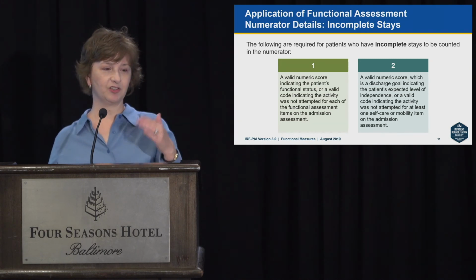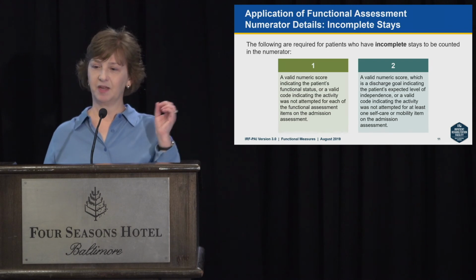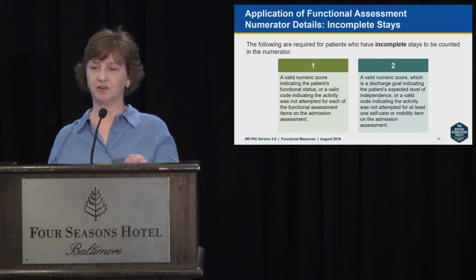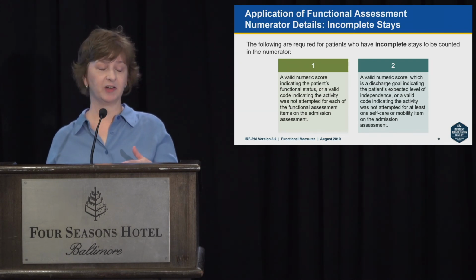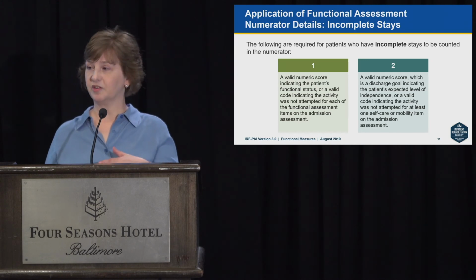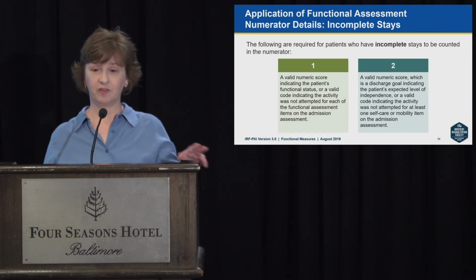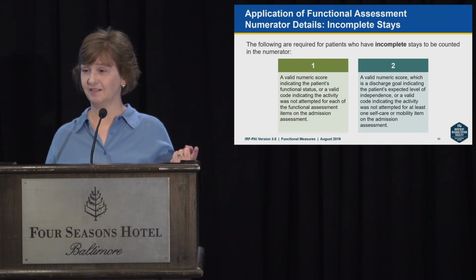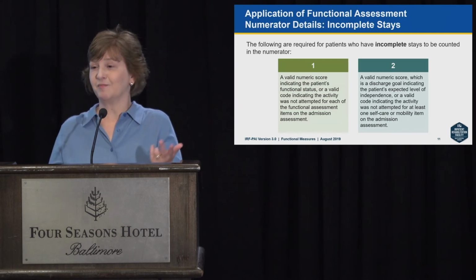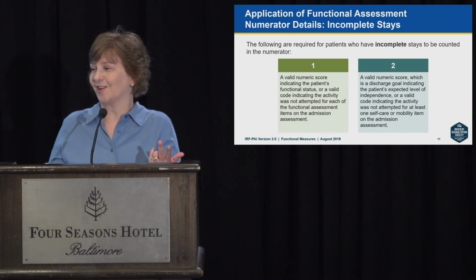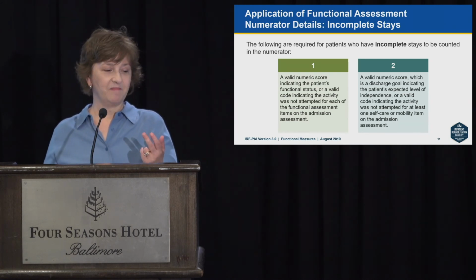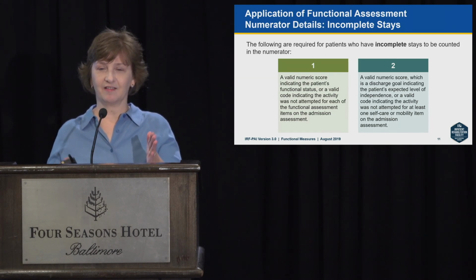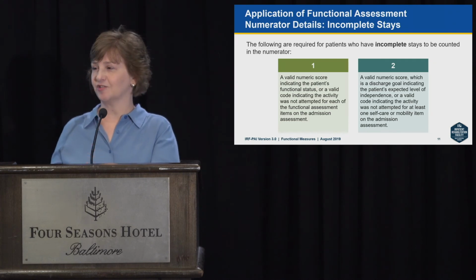So there's a definition of incomplete stay. If the stay meets that criteria, then the discharge data is not needed, and so you see two components needed here: the admission assessment data and a goal, because on admission you expected the person to have a complete stay. If the person has this incomplete stay, the discharge data are not required.